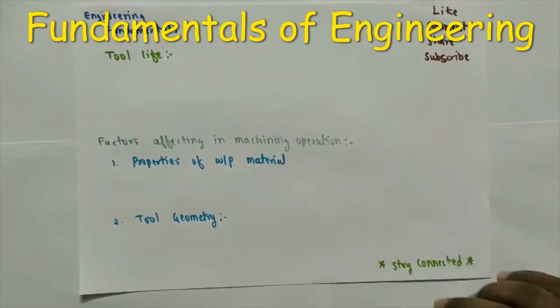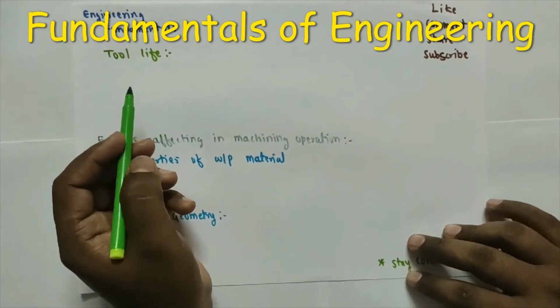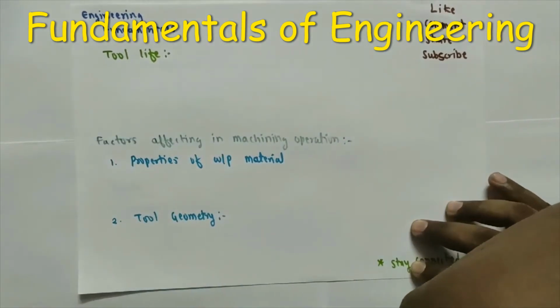Then the last one is the tool life. By knowing the tool life, it is possible to select optimum process parameters.